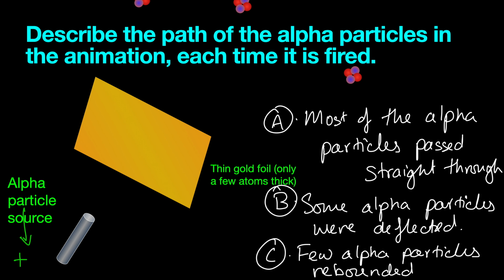Let's take a closer look at the structure of the atom and really understand why the alpha particles took these three paths. So, as we know, the nucleus of the atom is made up of protons and neutrons. Protons have a positive charge and neutrons have a neutral charge.